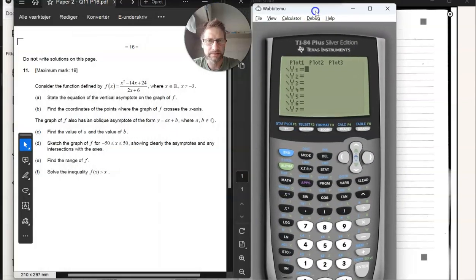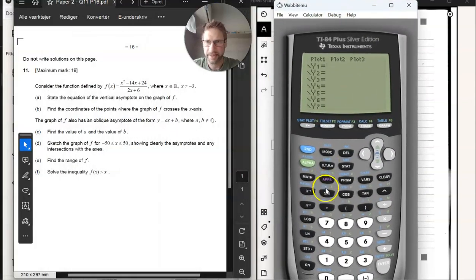So let's see if I can do this. I can. We have x squared minus 14 times x. Oh, that didn't work.